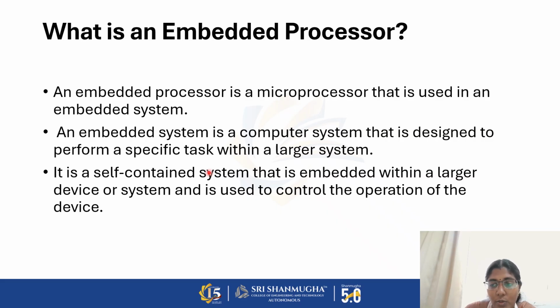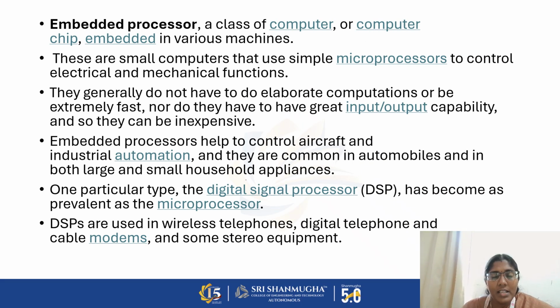If you want to control the operation of a specific device, you can use this embedded processor. The embedded processor is a class of computer or computer chip, or it can be embedded in various machines. These are small computers that use microprocessors to control many electrical and mechanical functions.